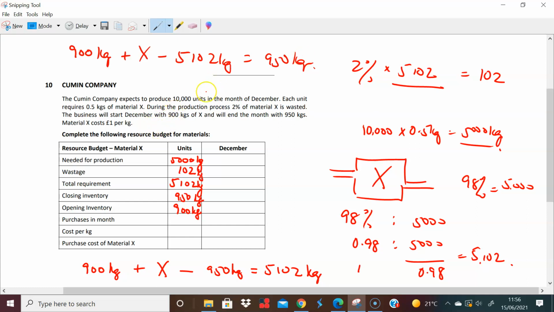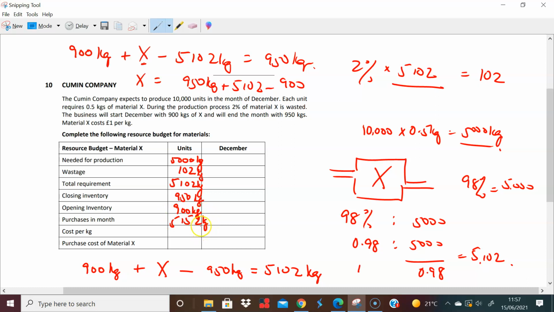So what is this thing that I'm missing? X is equal to 950 kilograms plus 5,102 minus 900, and that gives you 5,152. So you will need to buy in 5,152 kilograms.